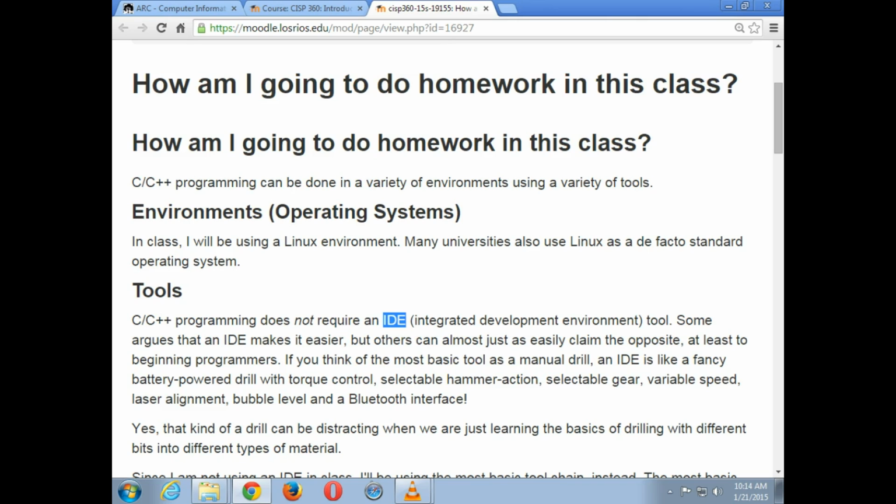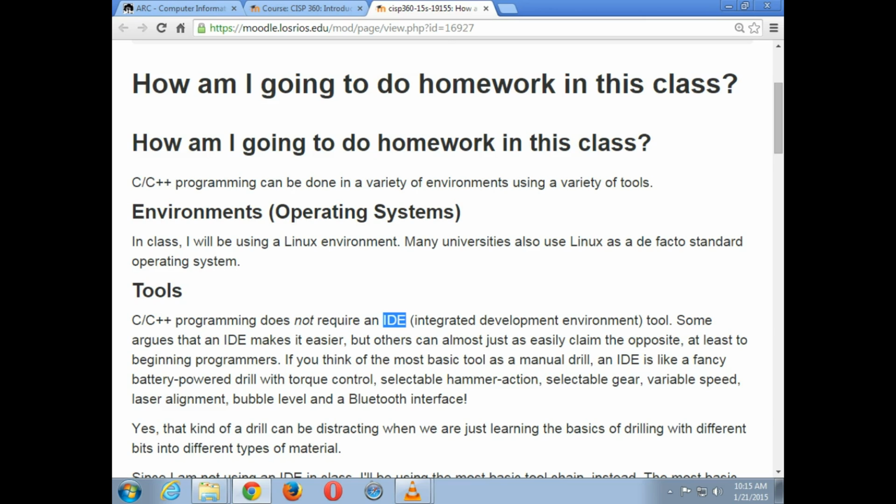If you're just starting out learning how to drill and learning about material, having a DeWalt is not necessarily the best thing because it gives you 20 gazillion options. But if you have a hand drill, you will feel the resistance when you're drilling through different material, and you'll understand why you need to sharpen the bit. When you use a DeWalt, you don't care. It's like, okay, it goes through anyway.